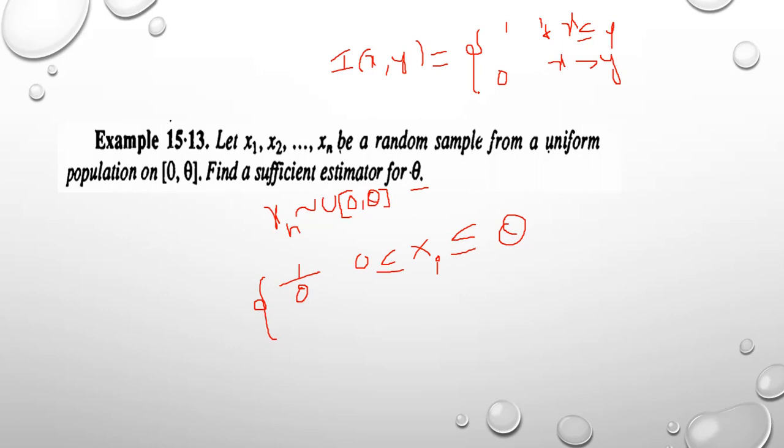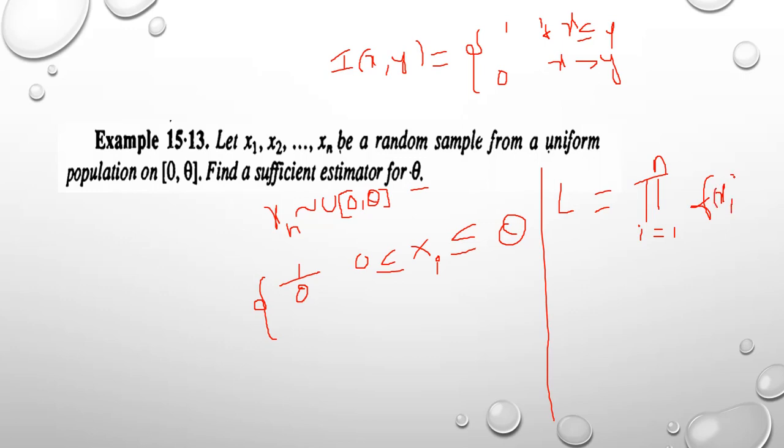Now I need to find the joint distribution. For finding the joint distribution, I am taking L equal to the product, with i from 1 to n, of f of xi.